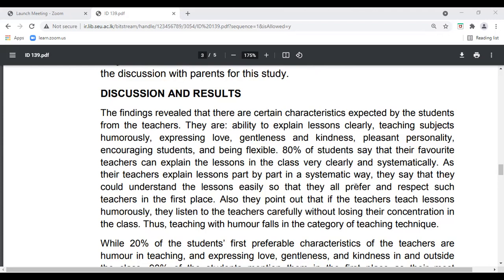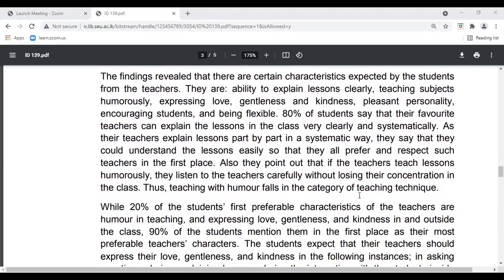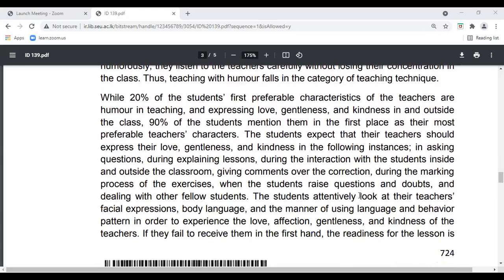Also, they point out that if the teachers teach lessons humorously, they listen to the teachers carefully without losing concentration in the class. Thus, teaching with humor falls in the category of teaching technique.